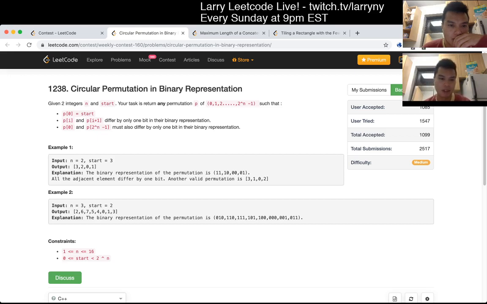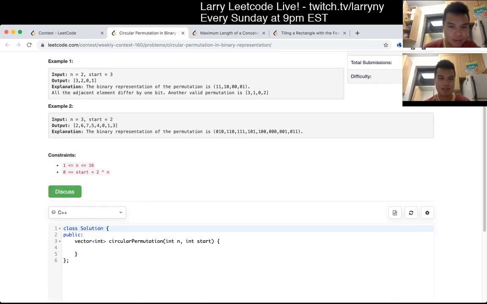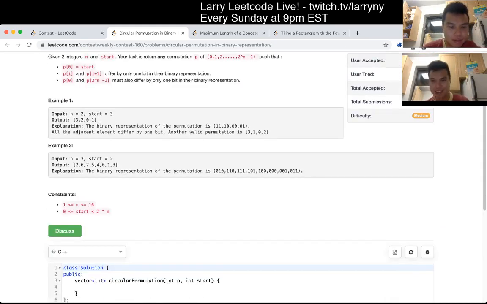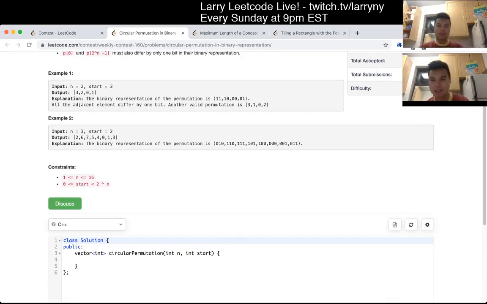Problem 2. I was just reading this one. I think I made a comment very soon about how there's a name for this, and I do remember it later.